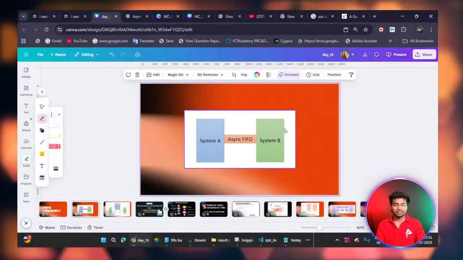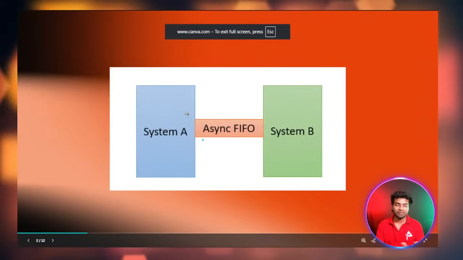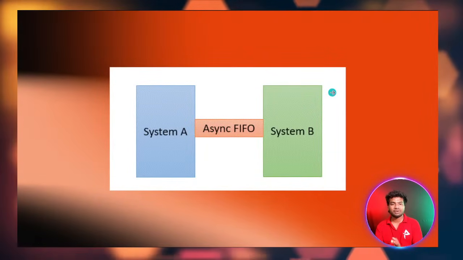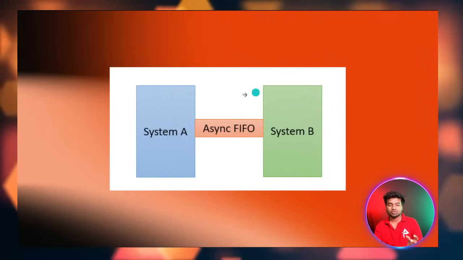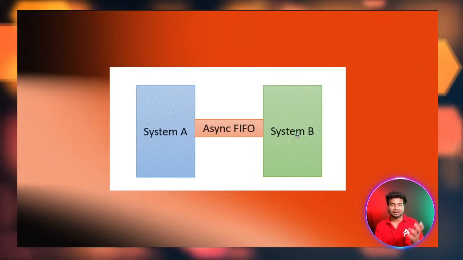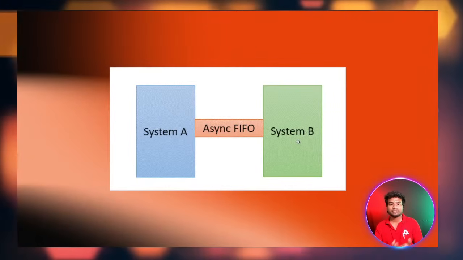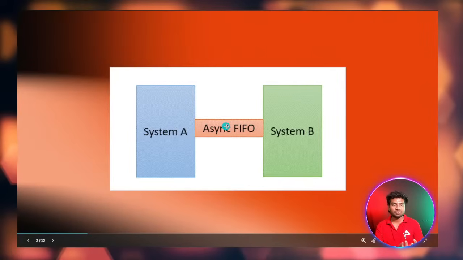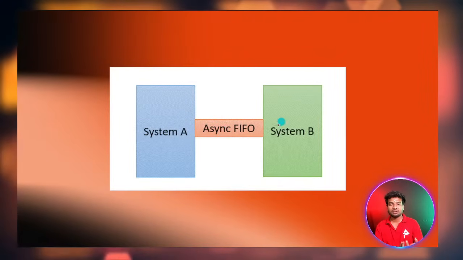Okay, so this is the main thing: system A will give the clock domain for writing into the FIFO, and system B will give the clock domain for reading from the FIFO buffer. System A will do the write, system B will do the read operation. Both are using different clock domains. So the asynchronous FIFO will make the communication between system A and system B very smooth.